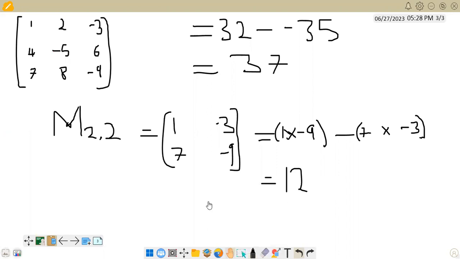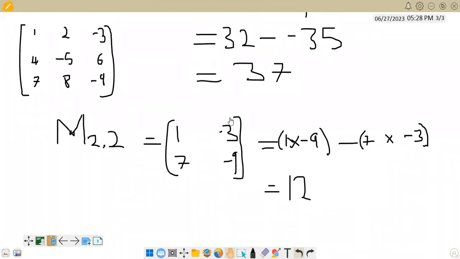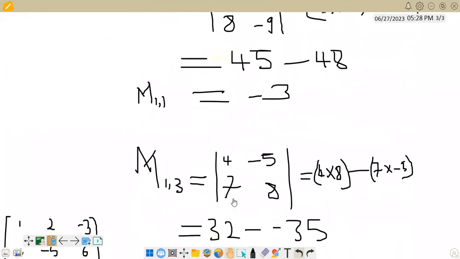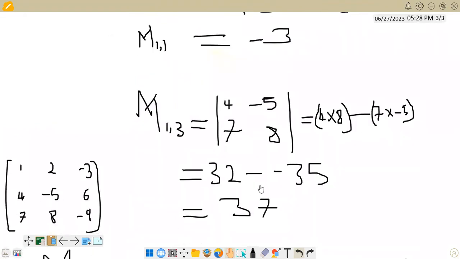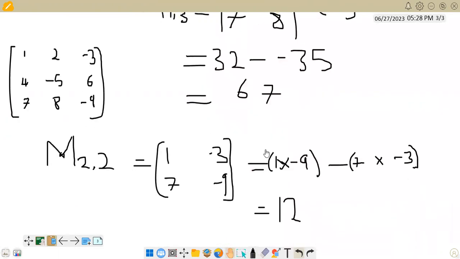Tunde amene mundimene timapezera maminor. Nde tapeza woyambayu -3, then tapeza here should be 67, not 37. Yeah, 67, not 37.